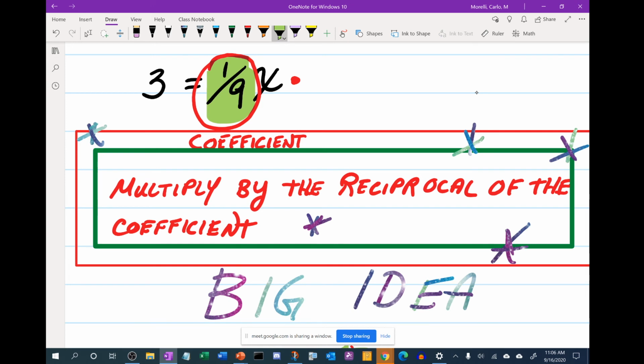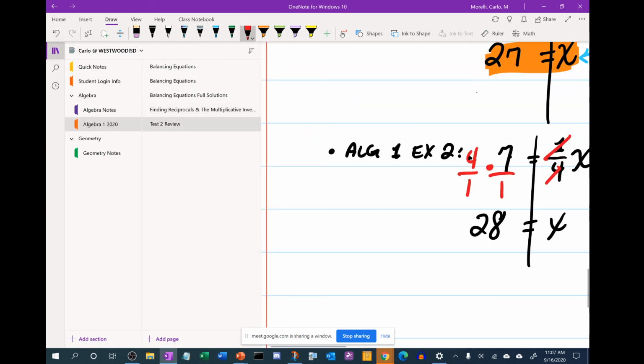This 1 over 9 is called the coefficient. Coefficient means the number to the left of the letter. The letter is called a variable. The number is called the coefficient. Don't worry, I'm going to write this all again.